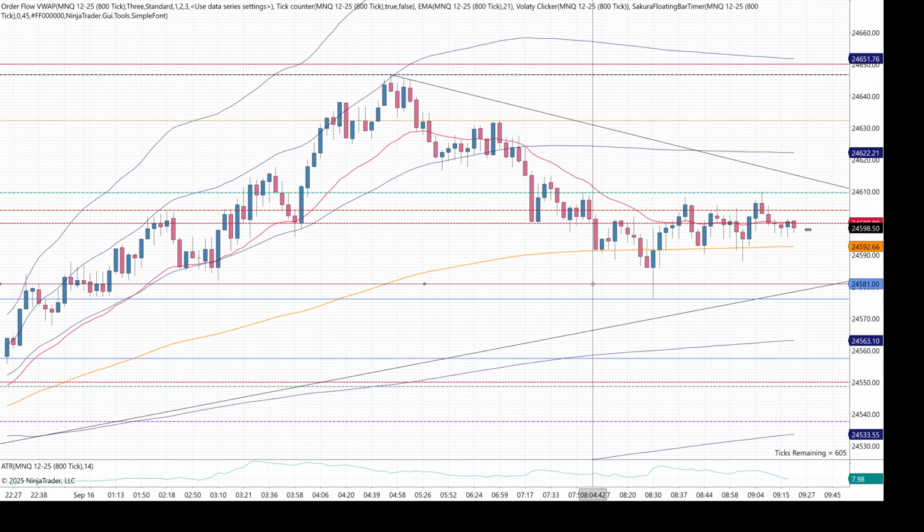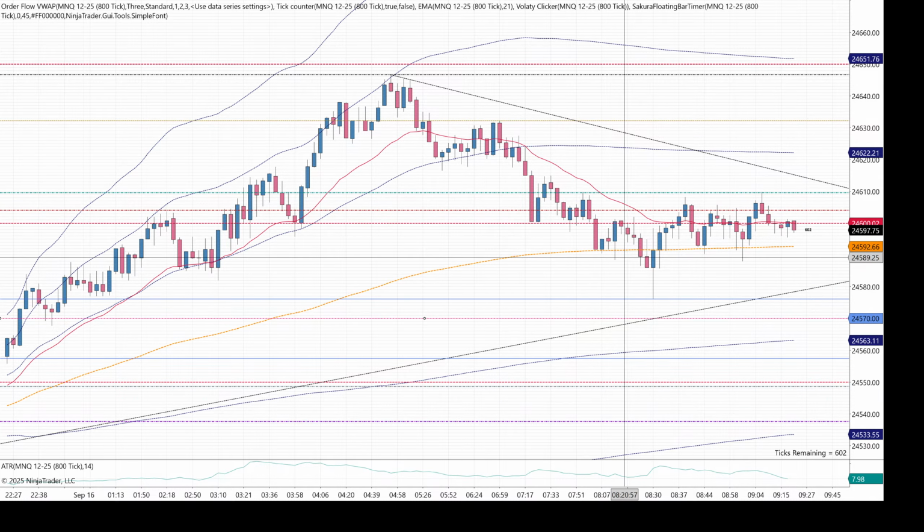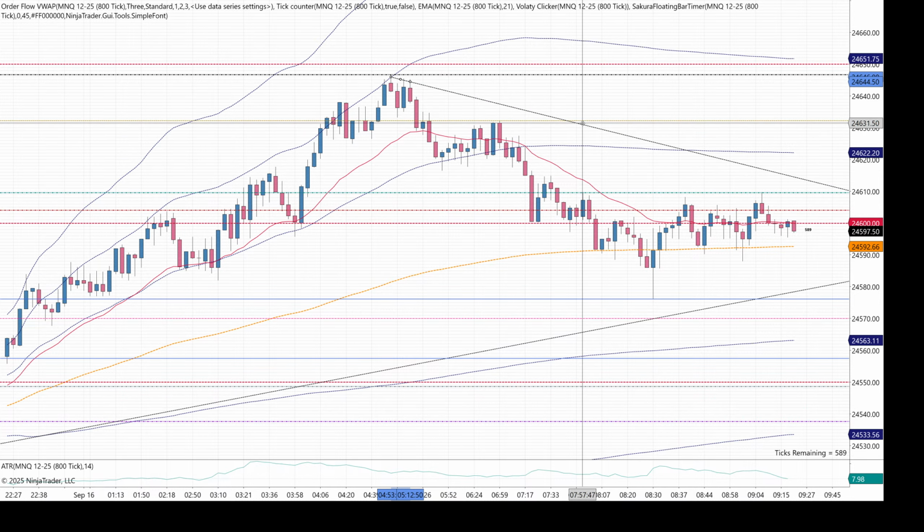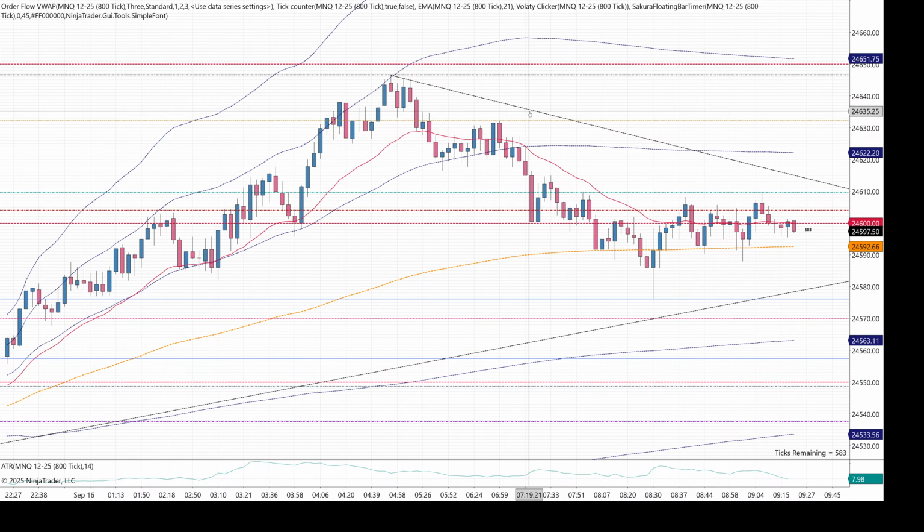Let's get this out of the way for now. Trend line is still valid.